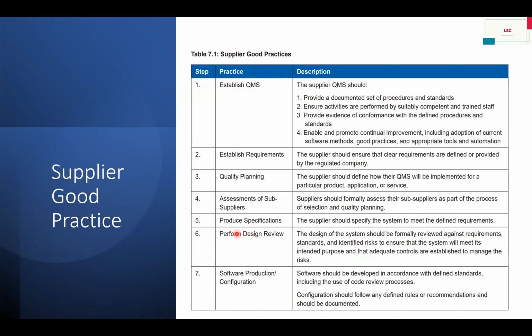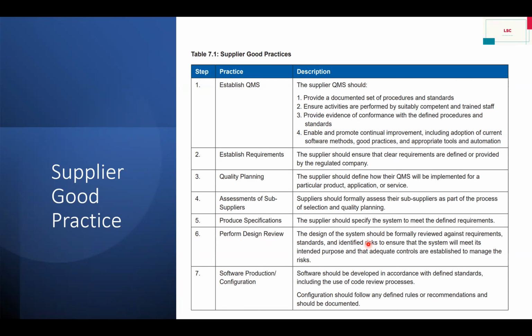Then produce specification. The supplier should specify the system to meet the defined requirements. If the supplier has the requirements, how do they produce the specification, what is the criteria for preparation of the specification, they should have that. Perform design review.